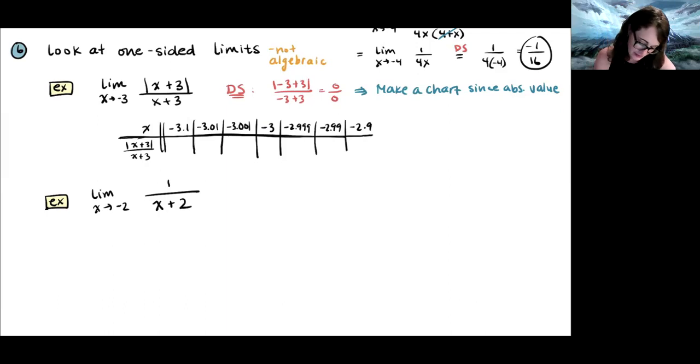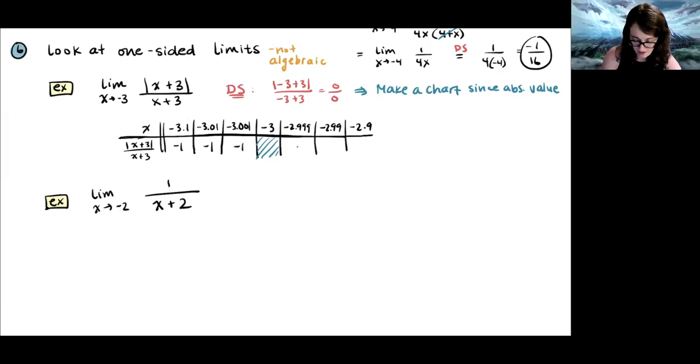And you can actually, if you want, shade this in, right? We can't actually plug in -3, it does not exist there. There's a hole or a jump of some kind. And so when you plug these into the function, actually go do that in your calculator, see what's happening. For all the -3.1, -3.01, -3.001, I believe you get -1 across the board.